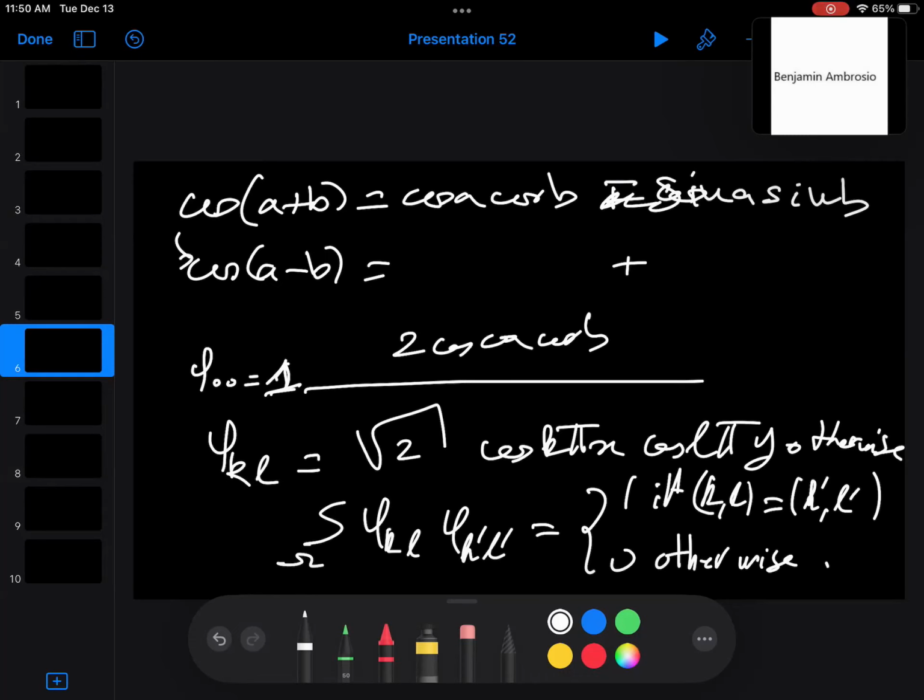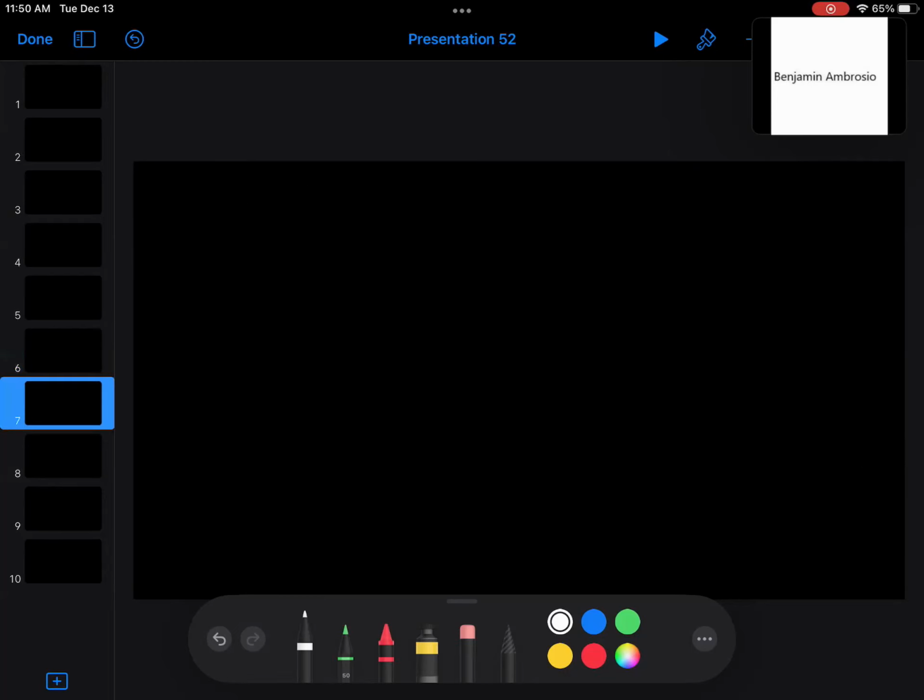We will see why the next time. And I have all the eigenfunctions and eigenvalues. So to summarize, my eigenvalues lambda_kL equal π squared times (L squared plus k squared).